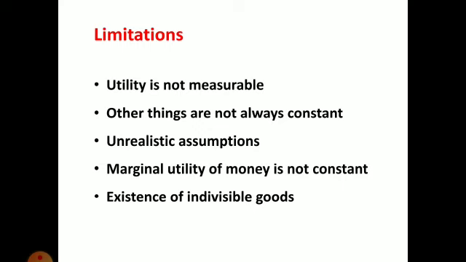When you say law of diminishing marginal utility, you cannot apply this law to the consumption of, for example, a television because people don't buy television, such large goods, one after the other. So the law is not applicable in the case of large goods, bulky goods, which cannot be divided into smaller parts. So these are some of the limitations with regard to the law of diminishing marginal utility.